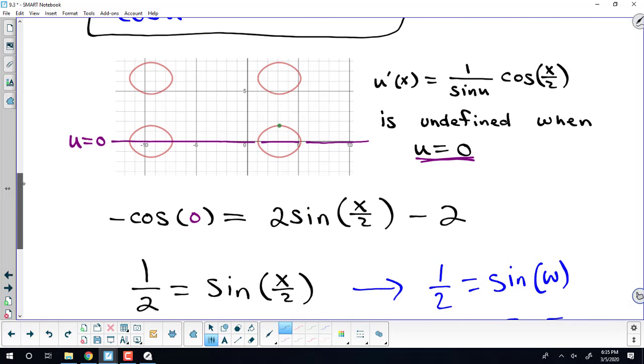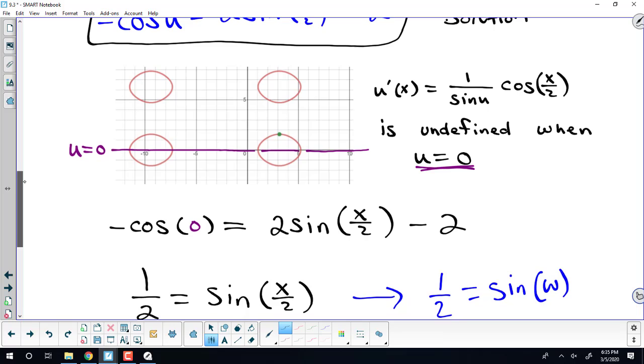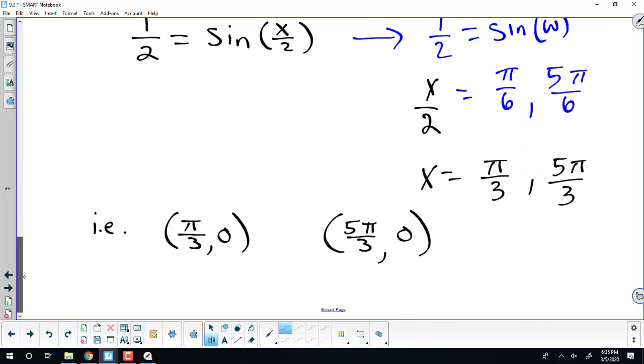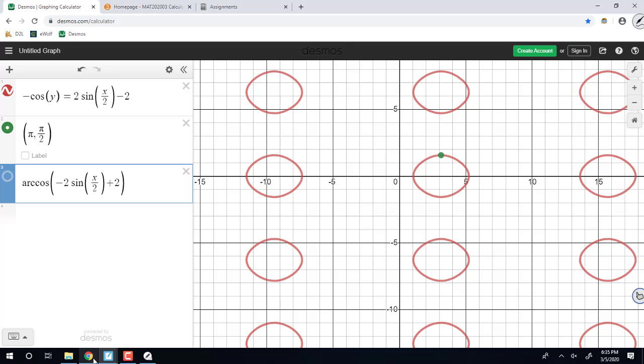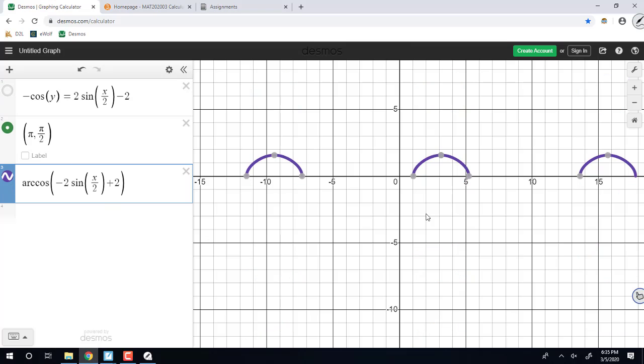So when we said the original differential equation was undefined when u is equal to 0, we now know exactly what points the solution was undefined at, those 2 points. And again, if we go to the explicit solution, we can see those points come out here.